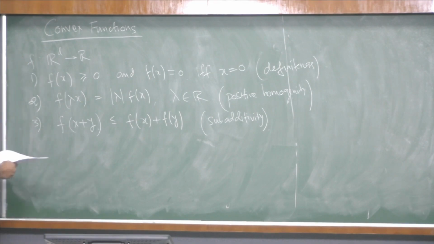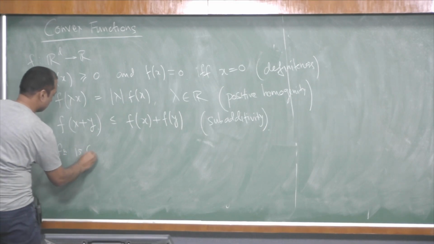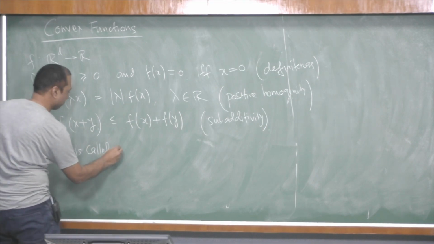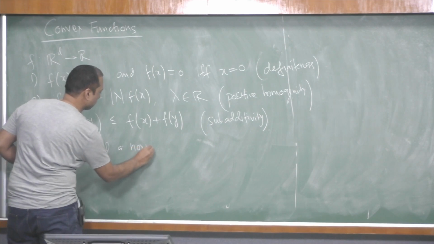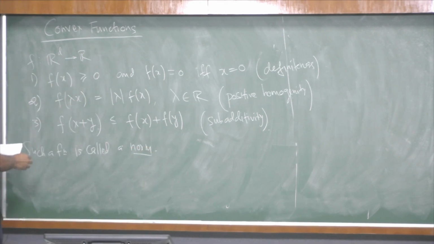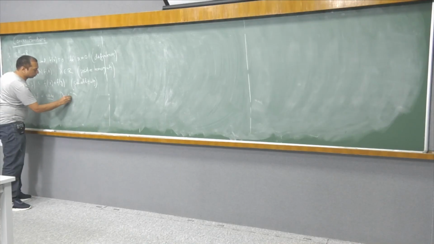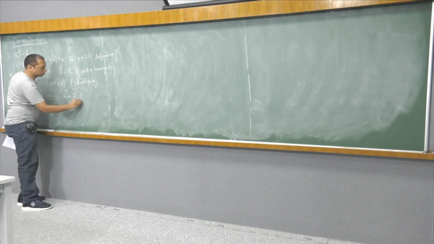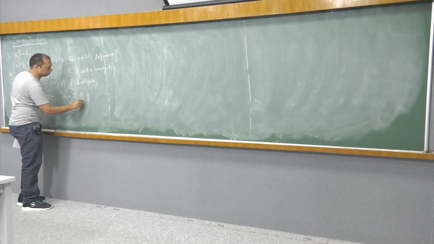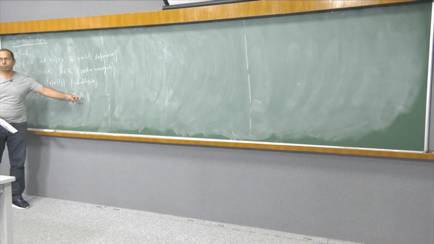Such a function is called a norm. And we usually denote norms by two parallel lines with whatever the argument is inside.